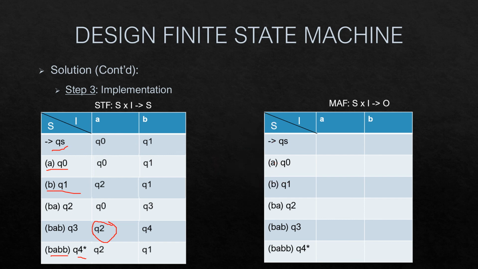Now designing the MAF, that is the output machine function, we have Q4 only Y, and the rest, the non-final states, will be no, that is it is not a valid string.